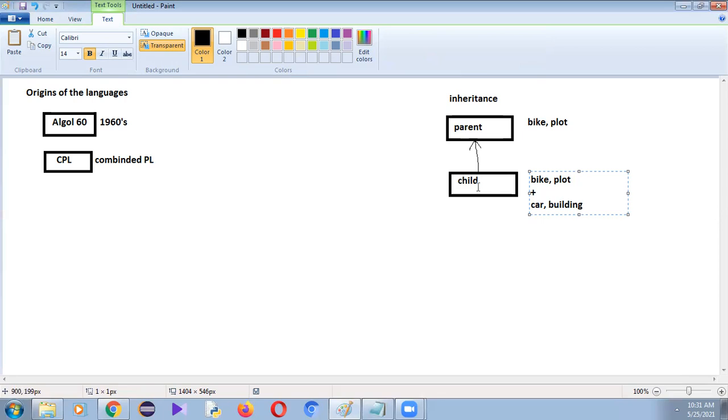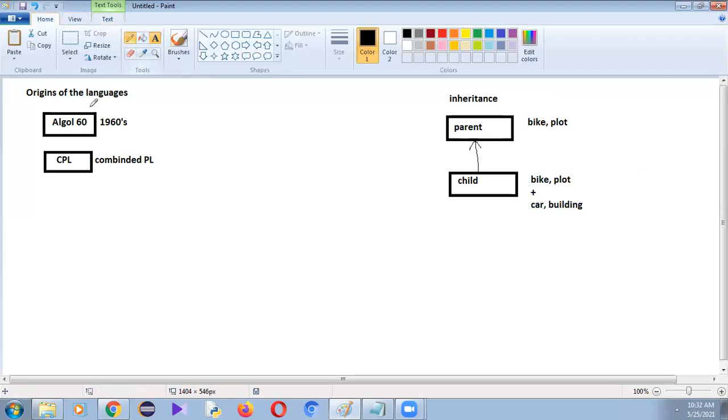That means child contains all the properties of parent and some other assets earned by the child. What are the assets earned by the child? Car and building. So here also the CPL is inherited from Algol 60. That means CPL contains all the features of Algol 60 and some additional features.